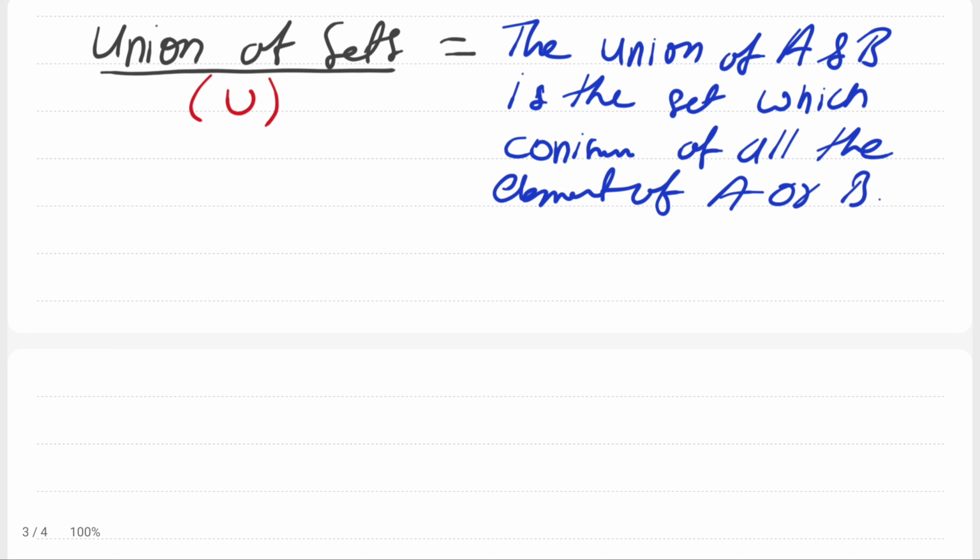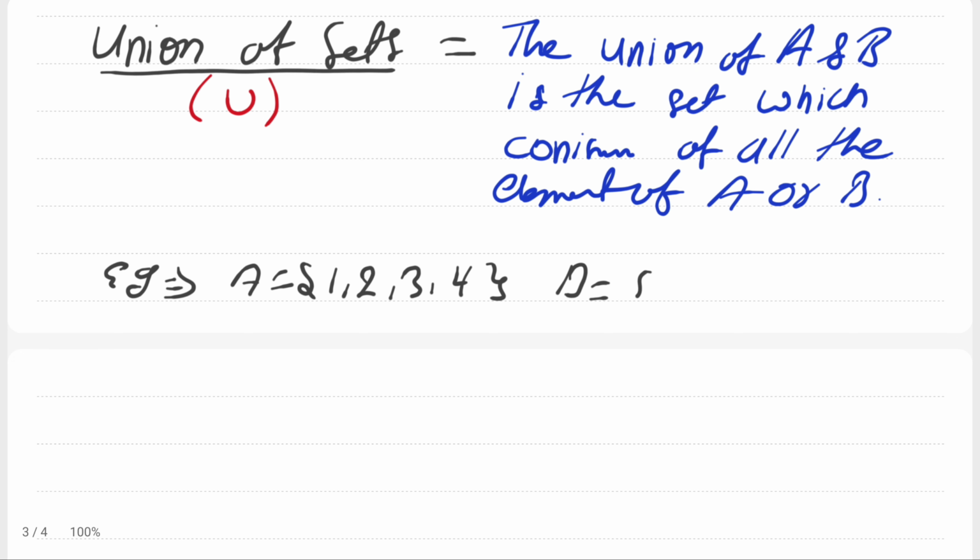Let's take an example. The union is represented by U, we understand, right? Let A be given as 1, 2, 3 and 4, and B be given as 4, 5 and 6.